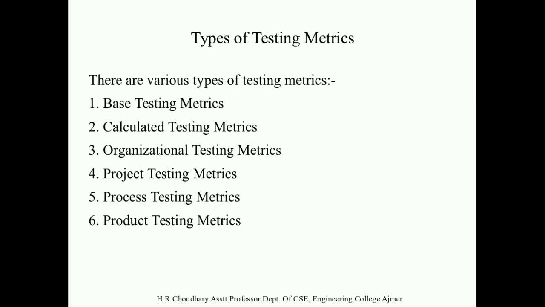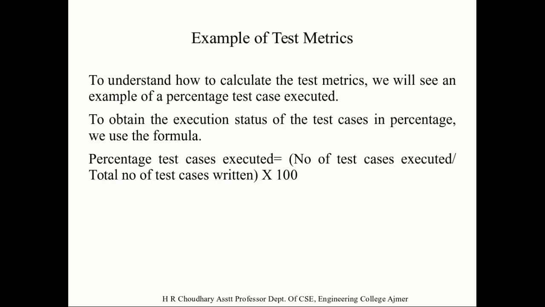So these are the certain kinds of testing metrics that we can have. Now we'll move forward to the next slide, which is the example of test metrics. If you want to understand test metrics in a simple way, we can consider an example.